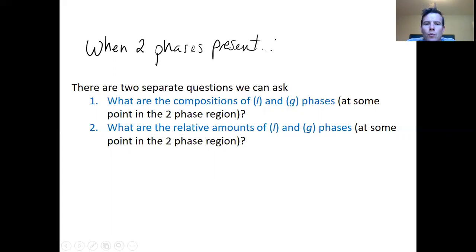The first is, what are the compositions of the liquid and gas phases at some point? And the second is, what are the relative amounts of liquid and gas phases at some point in this region? These are two separate and independent questions, right? So I want to talk about how you answer them in this video.